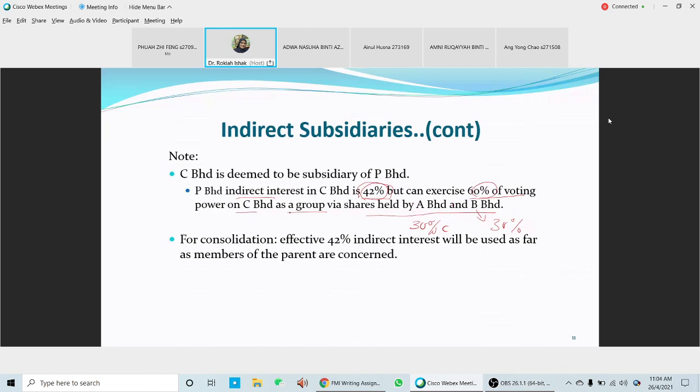Yeah? For consolidation, the effective 42% indirect interest will be used as far as the members of the parent are concerned.